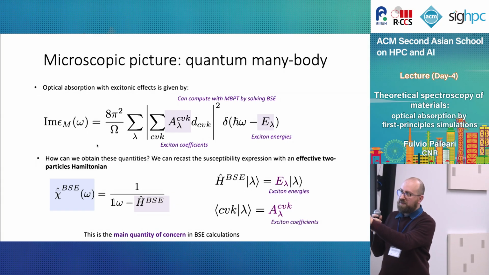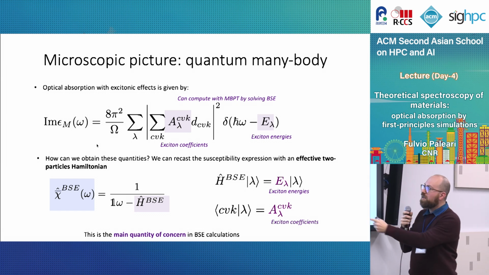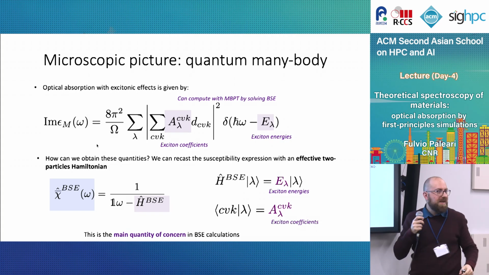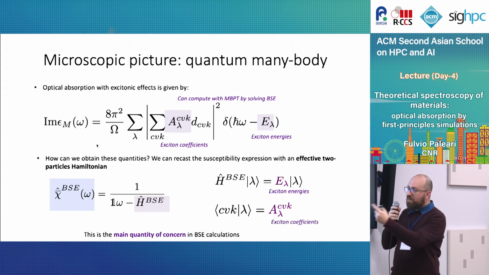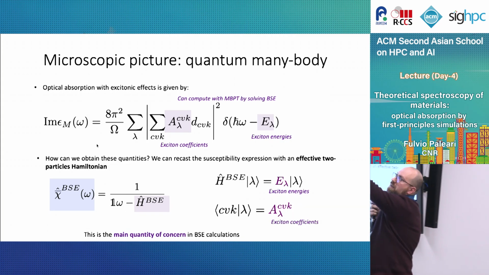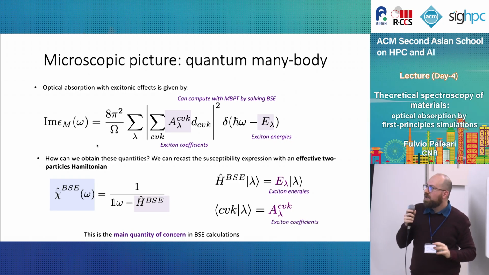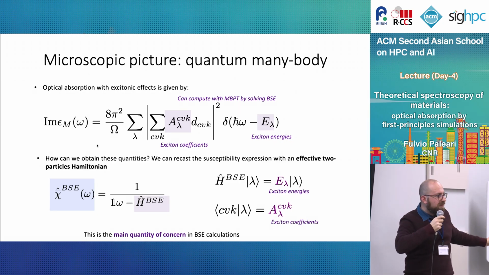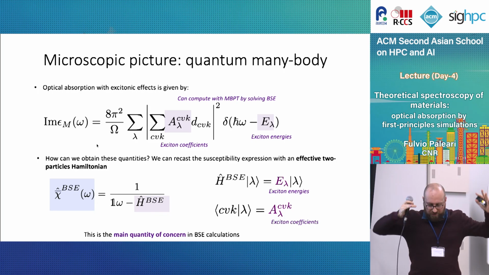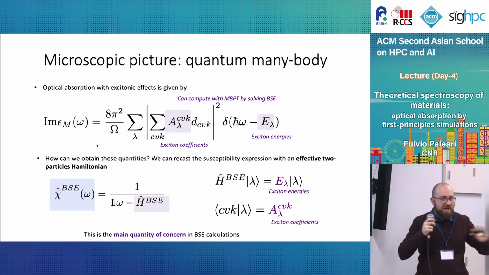And it is this that we will diagonalize. The eigenvalues of this will give us the excitation energies. And the eigenvectors of this will give us the coefficients that we need to properly compute this modulus square Fermi-Golden-rule expression. So all the problem that we discussed before is now compressed into diagonalizing this matrix. Then we have everything that we want.